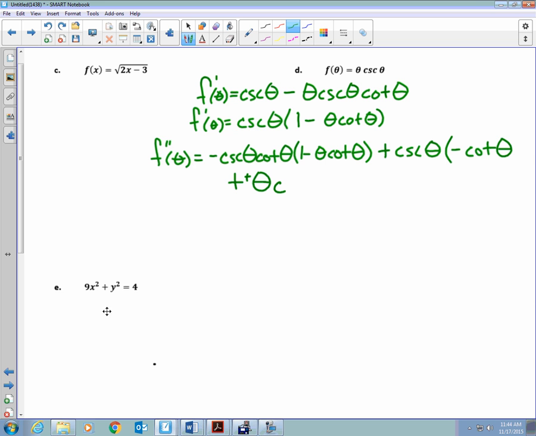Negative cosecant squared of theta. I put a negative theta because it's a minus.